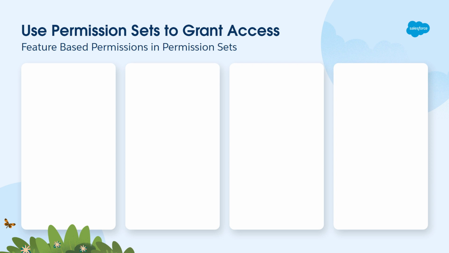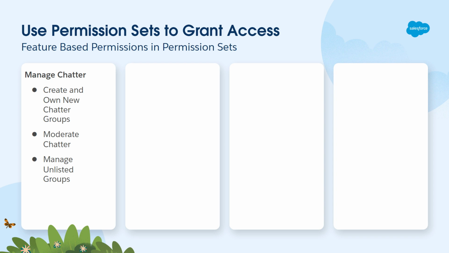Another way to group your permissions in permission sets is feature-based. So I mentioned earlier that I still enjoy the functionality of Chatter in some orgs. So let's say we have a permission set that includes create and own new Chatter groups. It includes moderate Chatter.